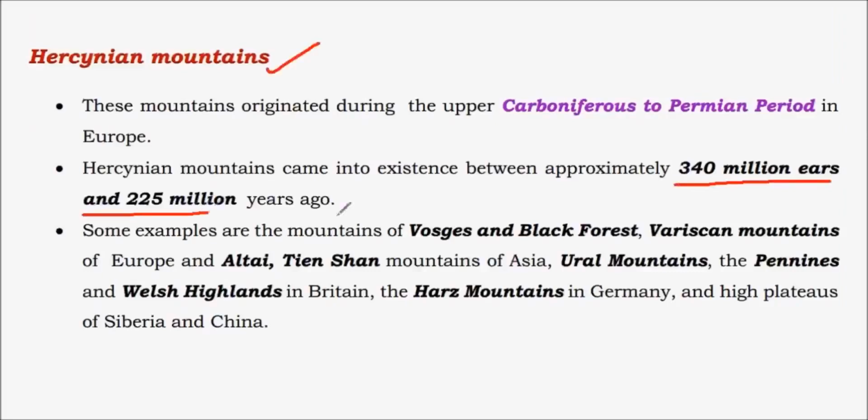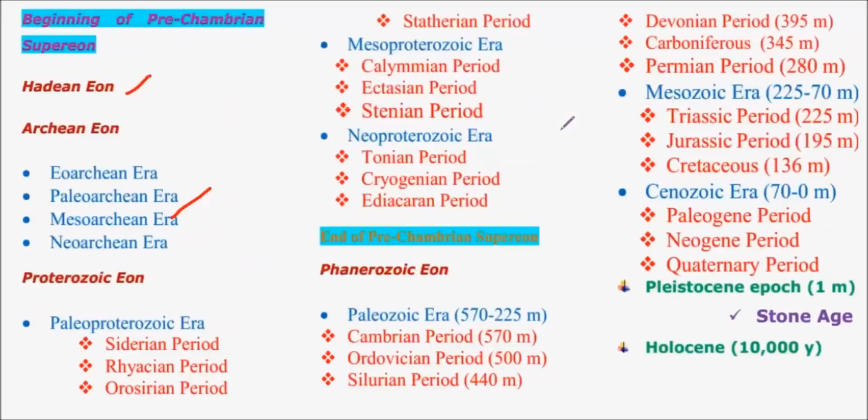They were formed between 340 million years ago and 225 million years ago, that is during the Carboniferous to Permian period. In the geological time scale, the Carboniferous is about 345 million years ago, soon after the Devonian period, that is after the ending of the formation of the Caledonian mountains, and they lasted until the Permian period, which ends with the start of the Mesozoic era.